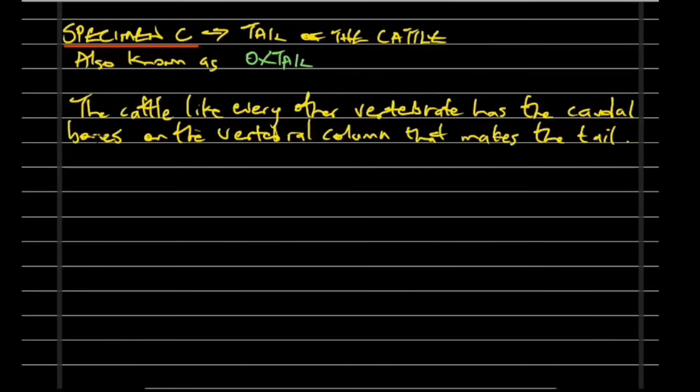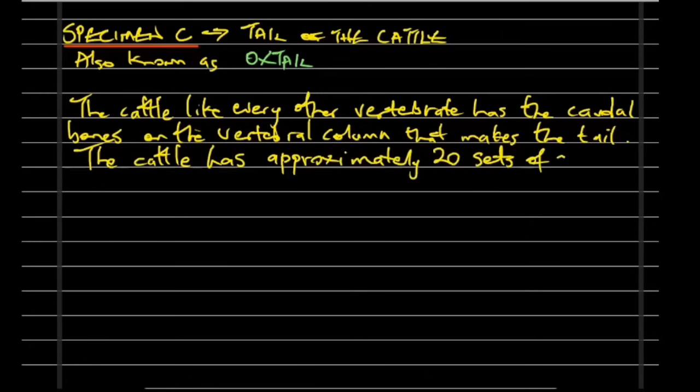For the cattle, it has about 18 to 20 sets of caudal bones. That's approximately 20 sets of caudal bones.